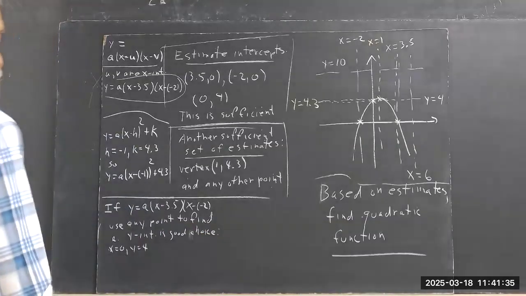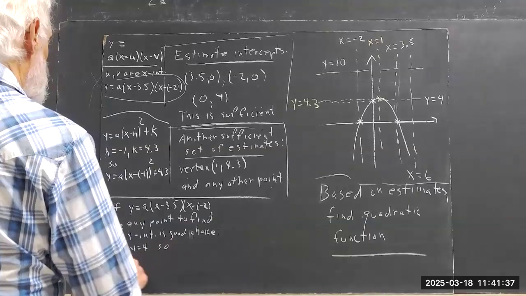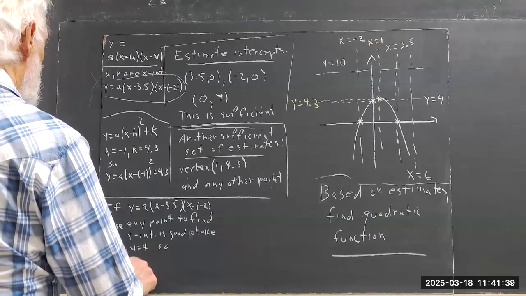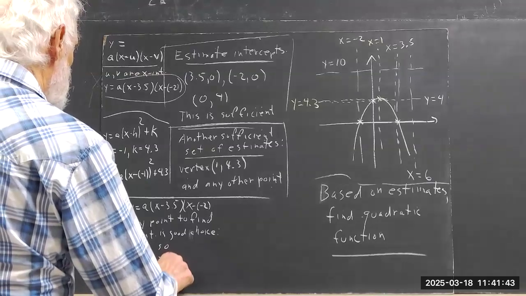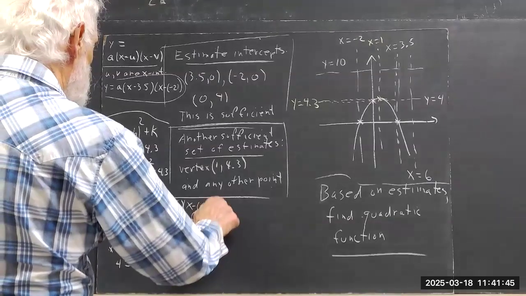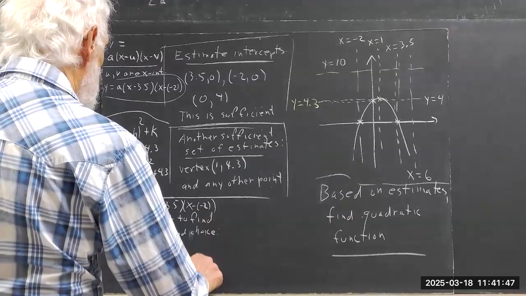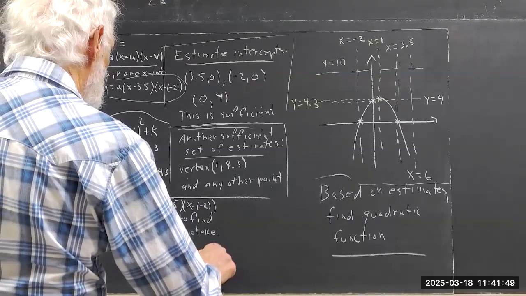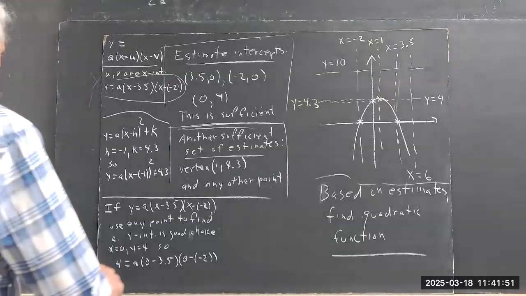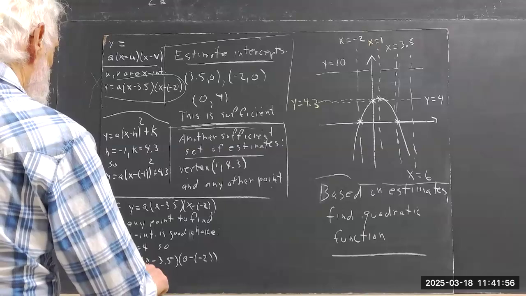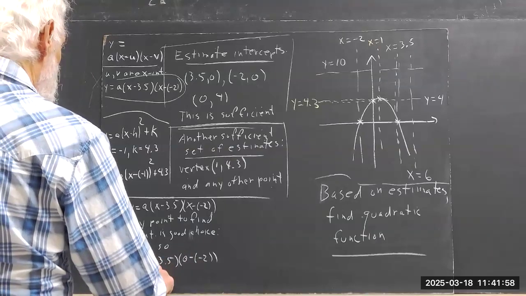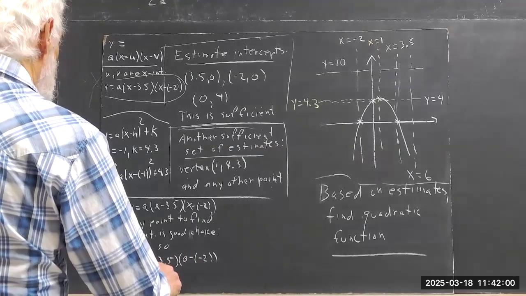X equals 0, y equals 4. So 4 equals A times 0 minus 3.5 times 0 minus -2. Well, that means 4 equals A multiplied by -7.